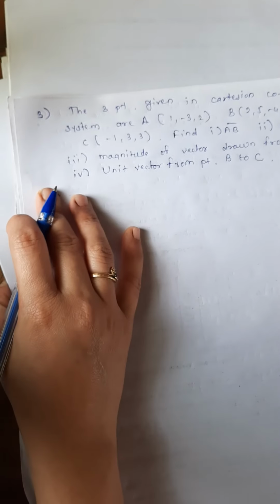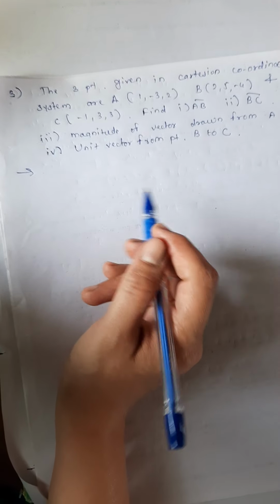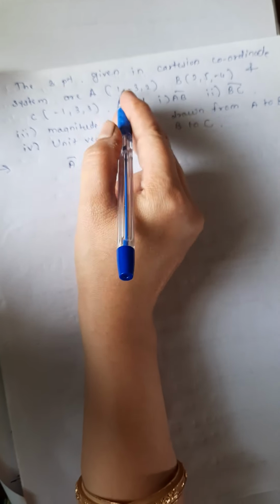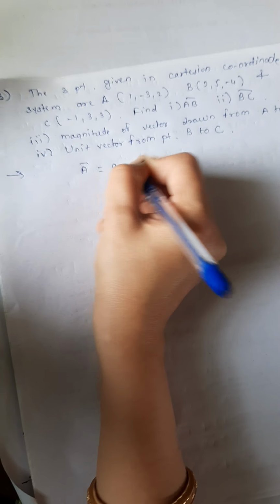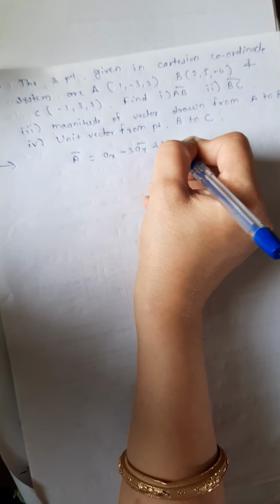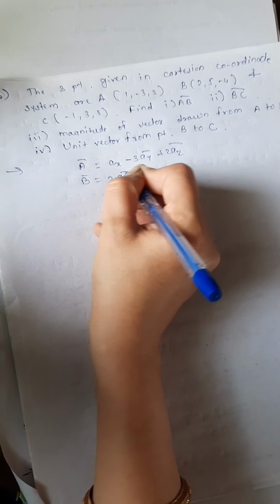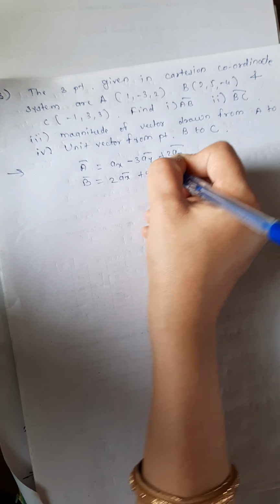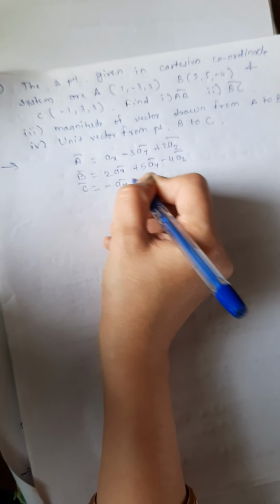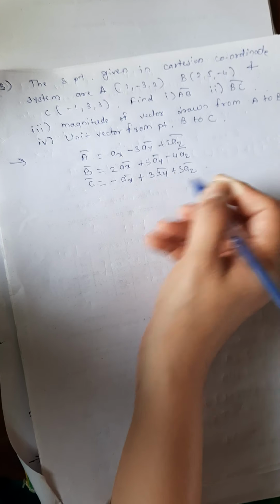So first we will write the equation for the vectors that are starting from the origin to points A, B and C. So these vectors are, A bar is AX bar minus 3AY bar plus 2AZ bar. Then B bar is 2AX bar plus 5AY bar minus 4AZ bar. C bar is minus AX bar plus 3AY bar plus 3AZ bar.